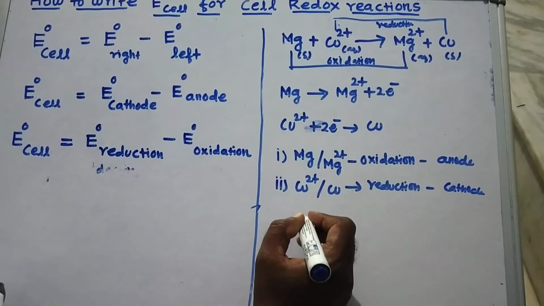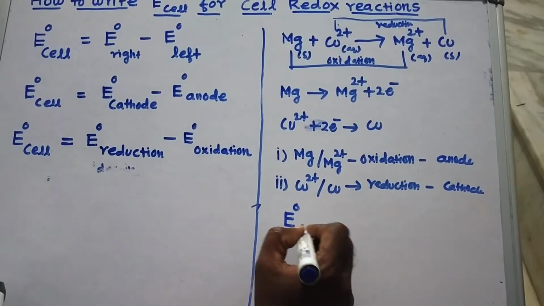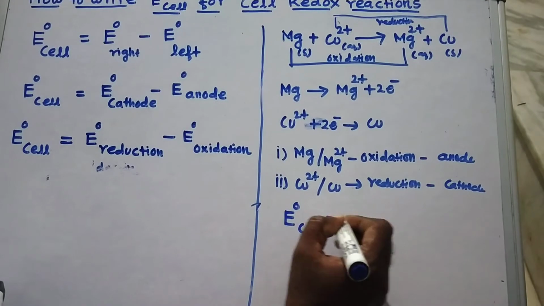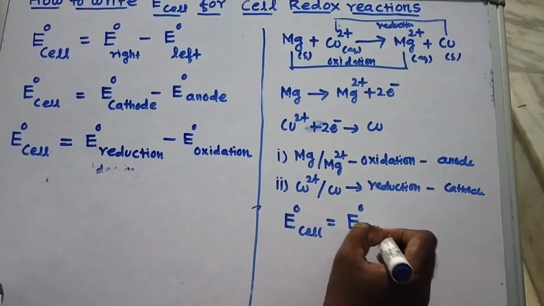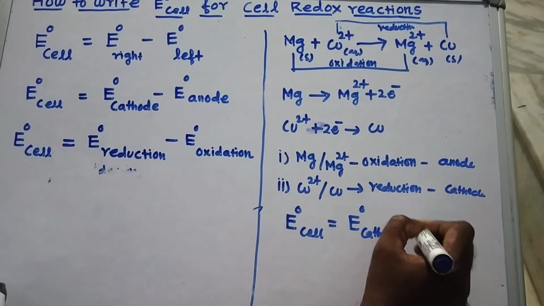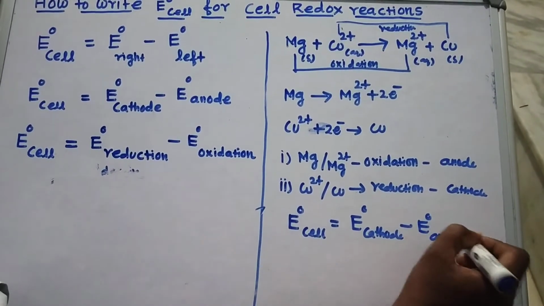So, it's well known that E0 cell is equal to E0 cathode minus E0 anode.